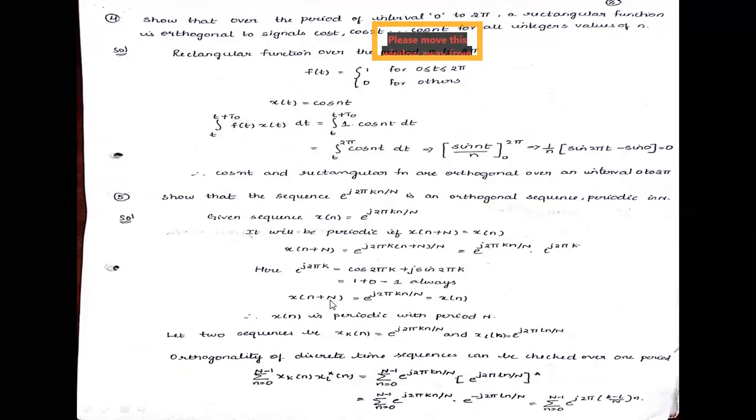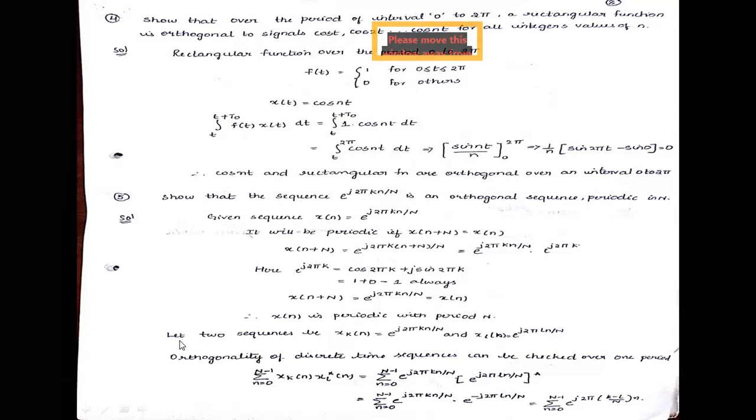So x of n plus N is equal to e power j 2 pi k n by N, which is equal to x of n. So now it satisfies the periodic function. Even if you are changing n as n plus capital N, the given exponential sequence is similar for both: x of n plus N is equal to x of n. So x of n is periodic with a period of N.